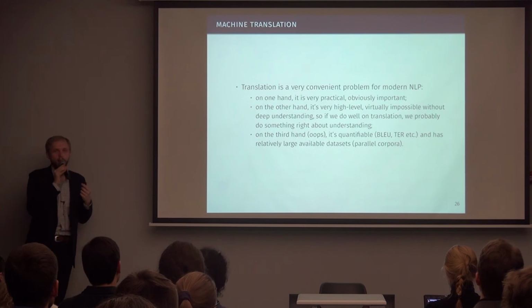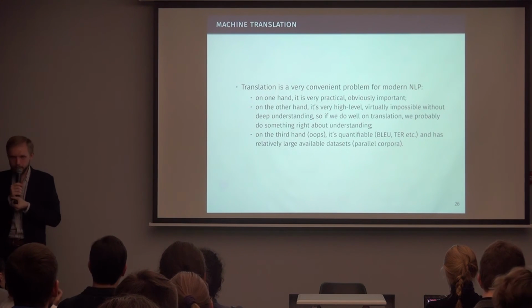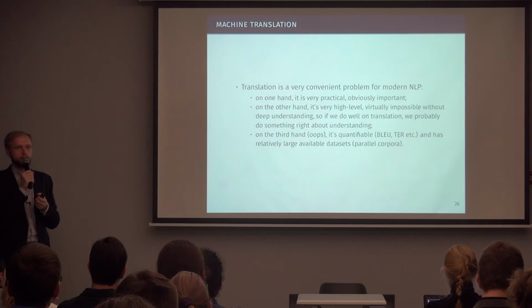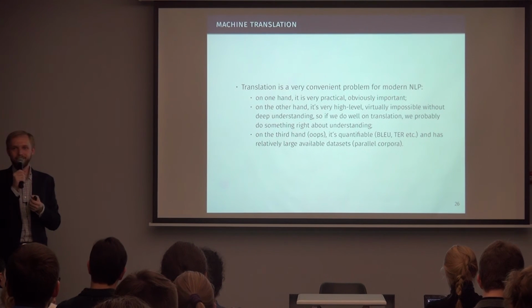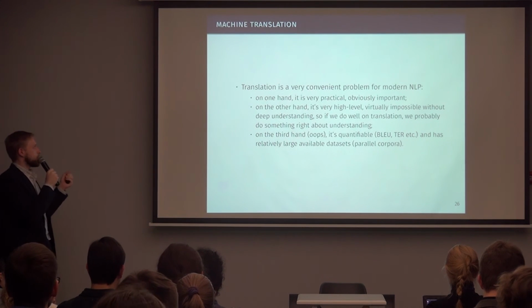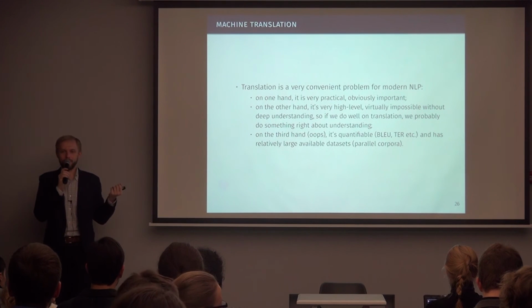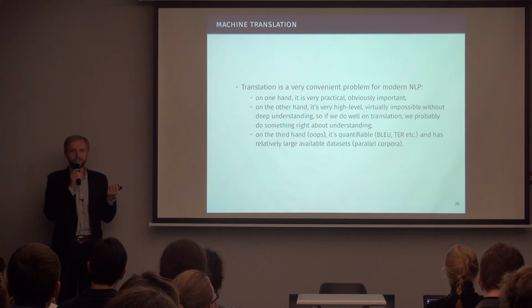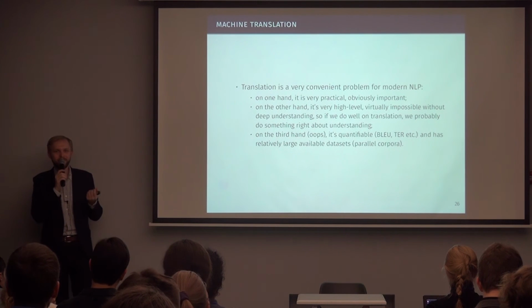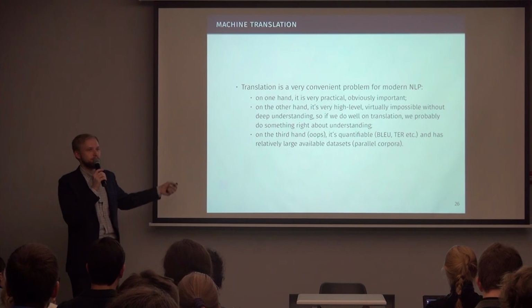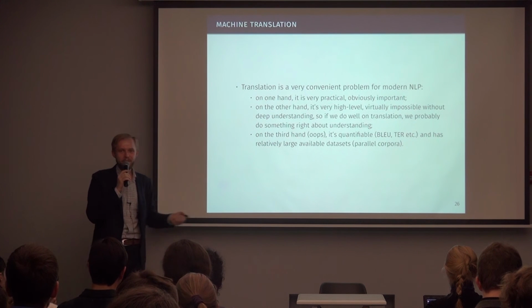Machine translation. Translation is a very interesting problem for machine learning for three reasons. One, it's very practical. I mean, it is no problem to explain why machine translation is important, unlike generating random text from Wikipedia.